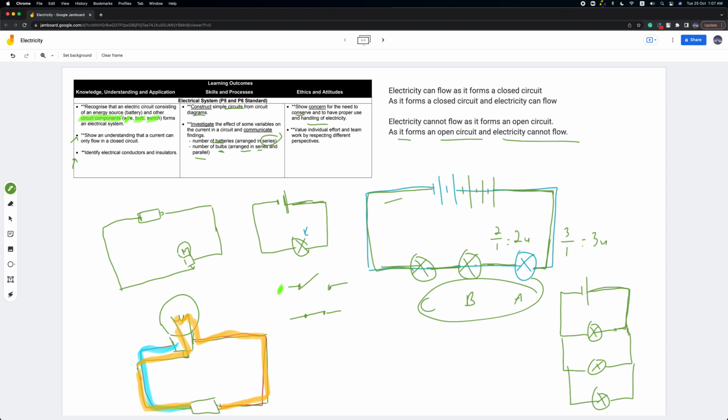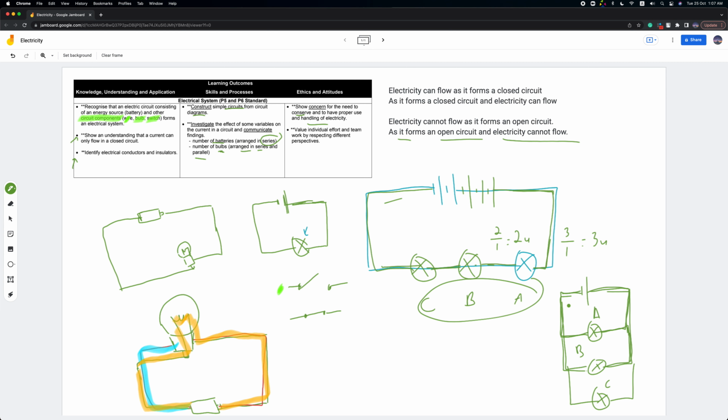The electricity will flow through here, and it doesn't need to flow through the other bulbs. This is bulb A, and when it goes through bulb B, it doesn't need to flow through any of the other bulbs, and same for bulb C. So we say bulbs A, B and C are arranged in parallel.